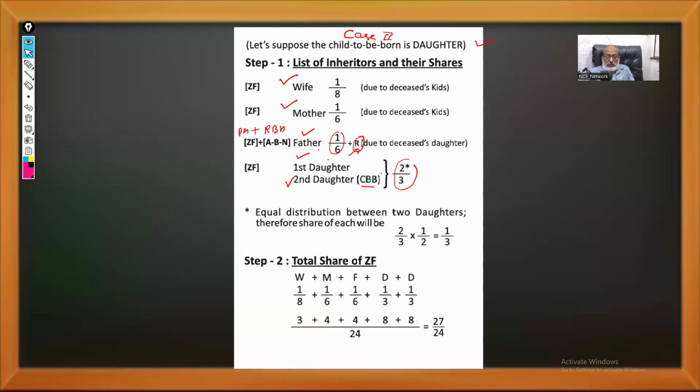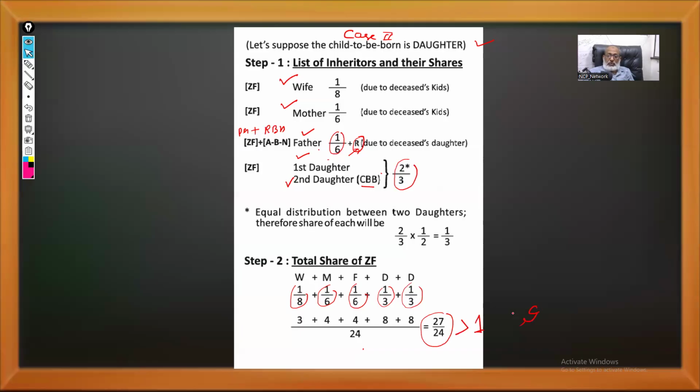In that case, the total share of the primary heirs: wife 1/8, mother 1/6, father 1/6, and each daughter 1/3 and 1/3. When you simplify it, the value comes to 27/24, and 27/24 is greater than 1.